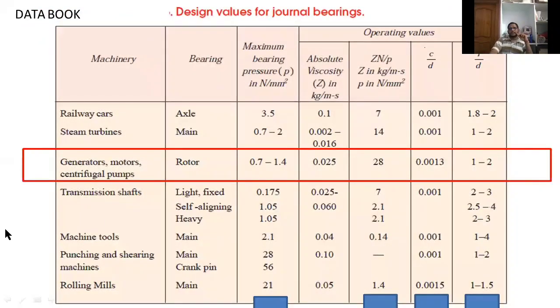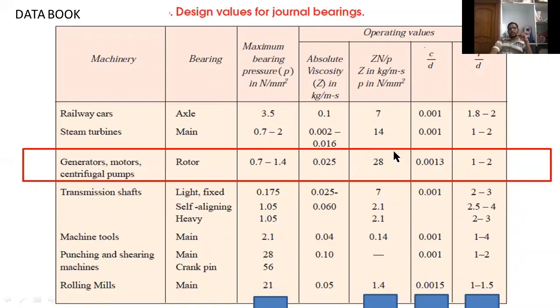So this is the data handbook table. By using this data handbook, you have to consider values of ZN by P, C by D ratios, and L by D ratios. In the present problem, I consider the values for centrifugal pumps.